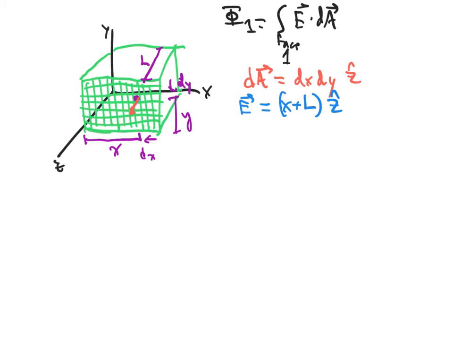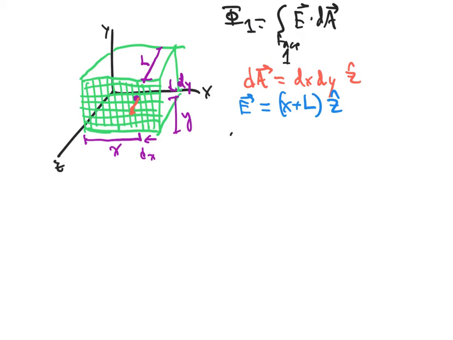I put the L here because we are L away; the whole plane has a coordinate of z equals L. So I can just plug that in because I'm not integrating over it anyway, so it's not going to change. It is a constant for face 1. Now we can find what E dot dA is.